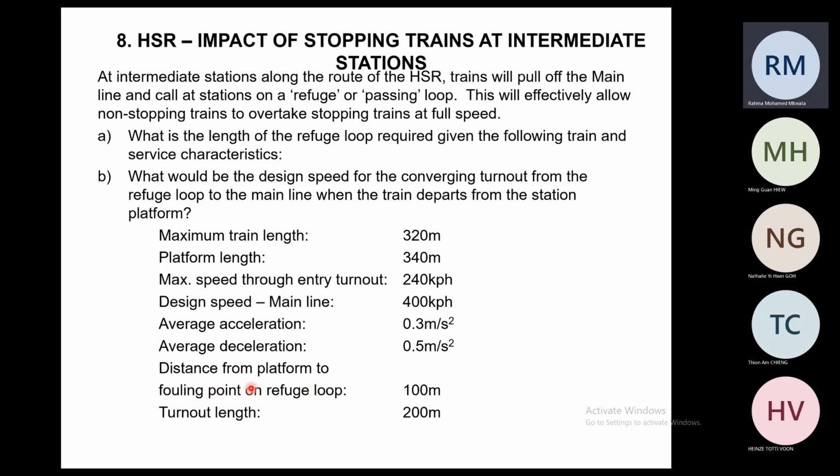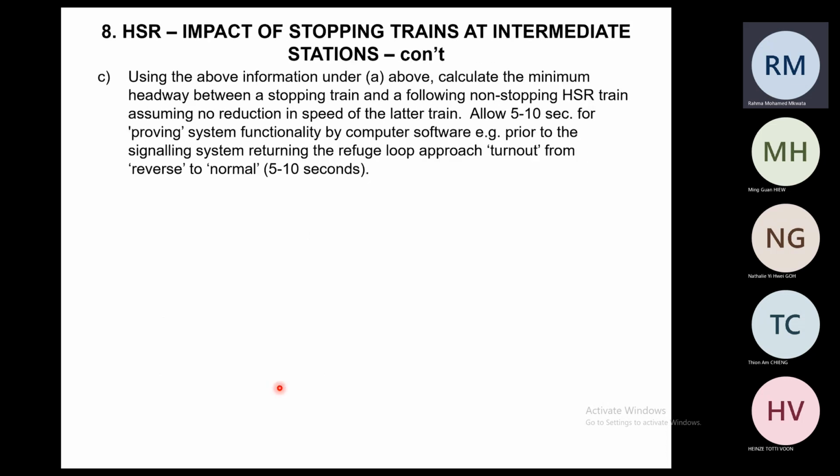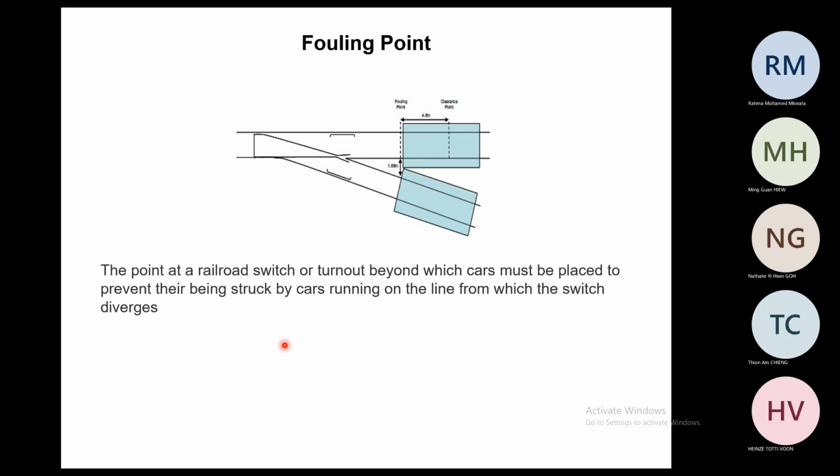So this fouling point, what is the meaning of this fouling point? It is the point at a railway switch or turnout beyond which cars must be placed to prevent their being struck by cars running on the line from which the switch diverges. So if you look into this diagram, if this is one train and this is another train, the fouling point is actually here.